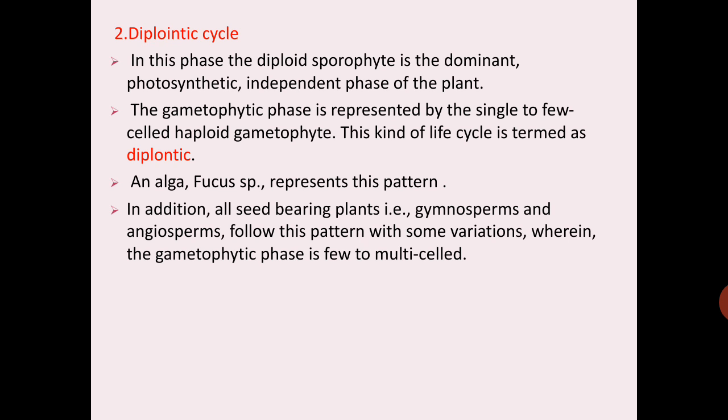Coming to the diplontic cycle, in this phase the diploid sporophyte is the dominant photosynthetic independent phase of the plant. The gametophytic phase is represented by a single or few celled haploid gametophyte. This kind of life cycle is termed diplontic. The alga Fucus represents this pattern.